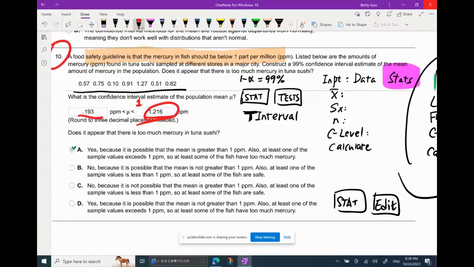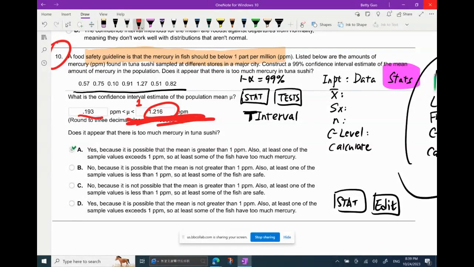If the right endpoint of the interval is less than 1, then we can safely say those tuna fish are safe. But this is not completely safe, because the interval passes 1, a big portion passing 1.